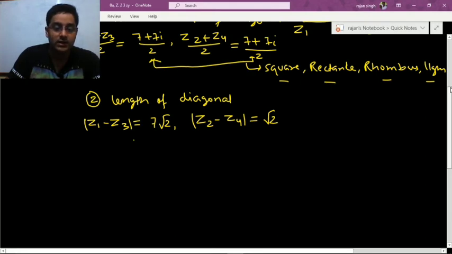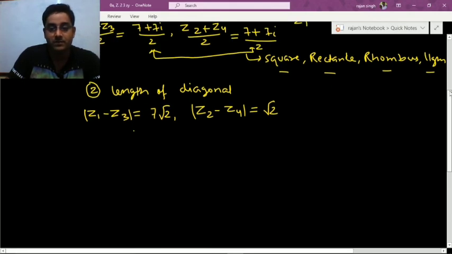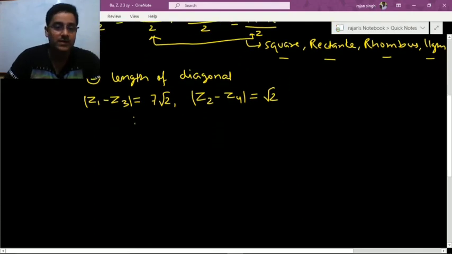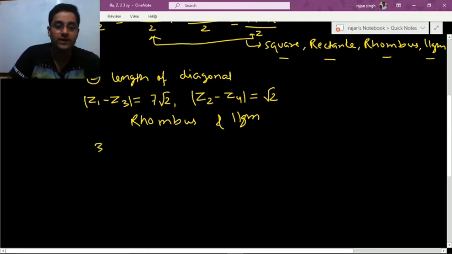We know that a square and rectangle have equal diagonals, so the rhombus and parallelogram have different lengths of diagonals. So it is filtered again, and rhombus and parallelogram remain. Next you have to identify which one it is, rhombus or parallelogram.